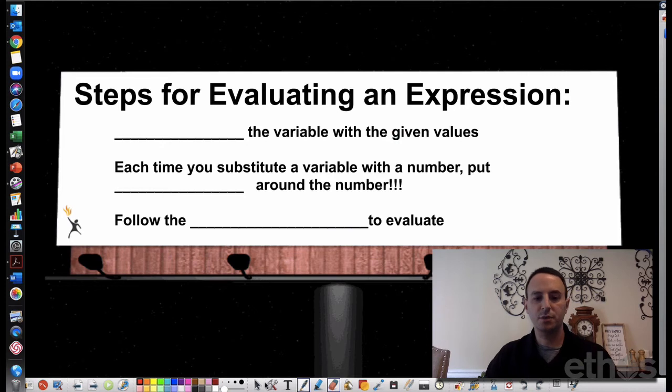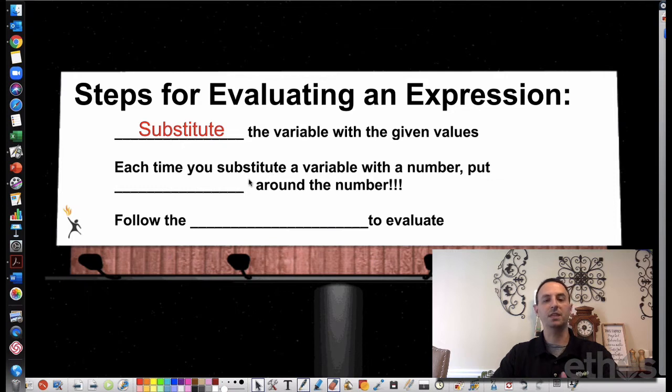So let's talk through the steps to solve it. The first thing you've got to do is substitute the variables for the given values. Let's keep an example over here. If I know x is equal to 2 and y is equal to negative 3, and I'm given the expression x squared minus y, the first thing I'm going to do is substitute. But when I substitute, it's really important that I take the time to use a set of parentheses around what I substitute.